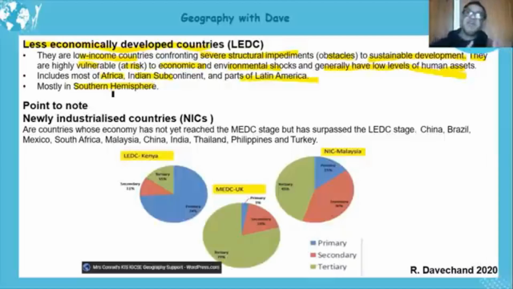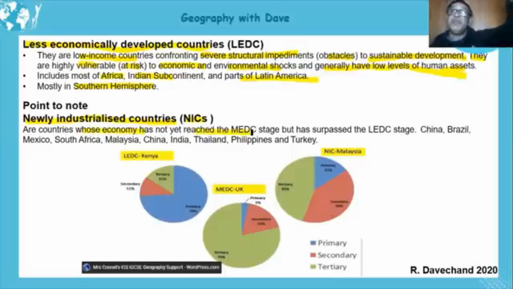Now, we do need to note a point, learners. We can't just have LEDCs and MEDCs. We also have NICs, newly industrialized countries. These are countries whose economies have not reached the MEDC stage.